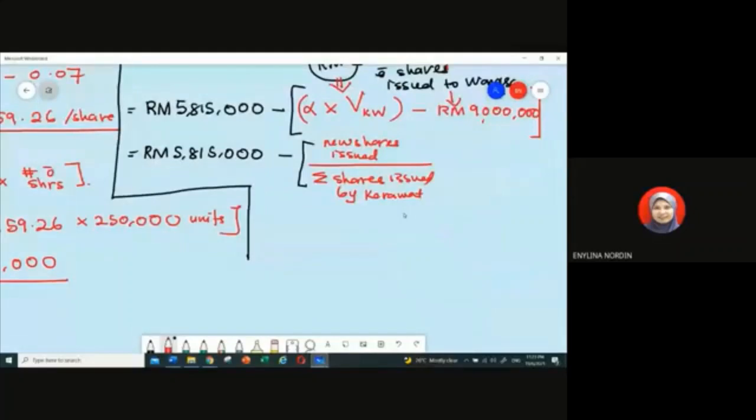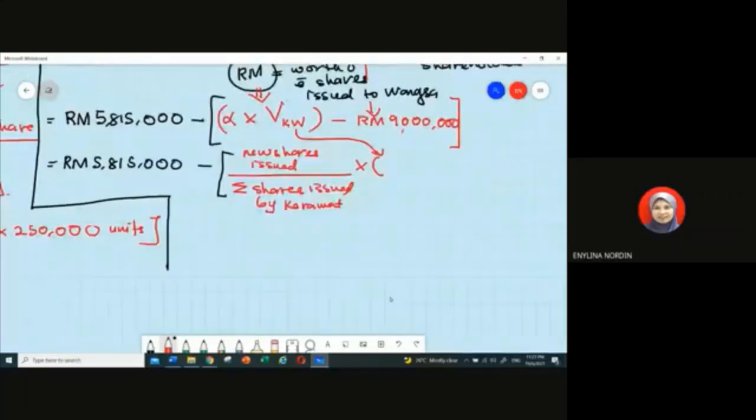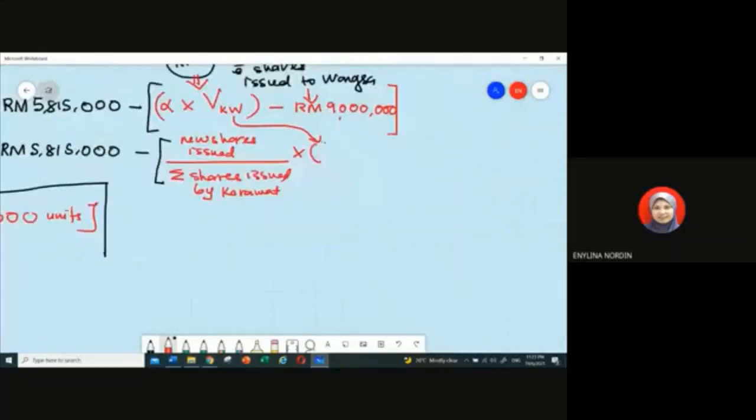So how to get the value of the combined firm? This one was also already discussed with you before. That is the current value of Keramat plus the current value of Wangsa plus the synergy.